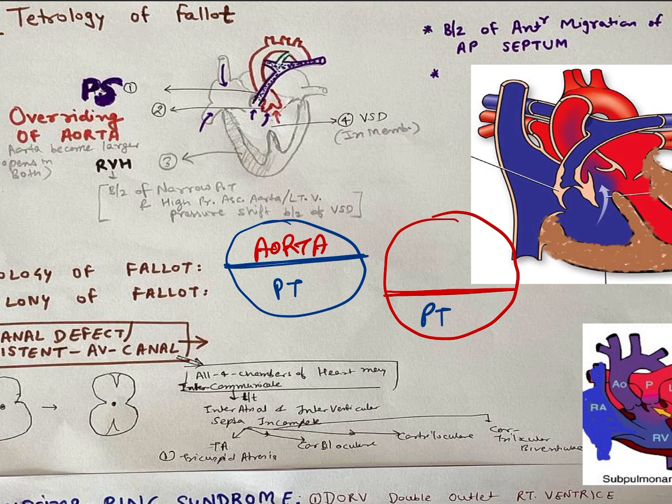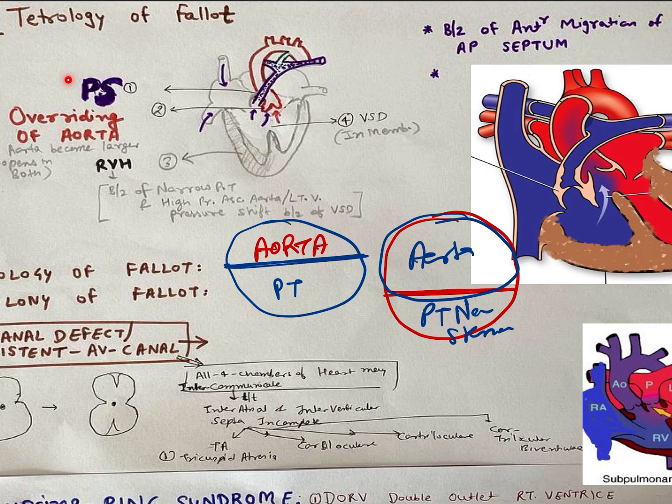This pulmonary trunk will narrow or be stenosed, while this aorta will open into the right ventricle as well as the left ventricle. Look here, this pulmonary trunk is stenosed and this aorta is opening into two. Usually it opens into the left ventricle, no problem, but because of this anterior migration of the septum, it is also opening into the right ventricular cavity. This pathology is known as tetralogy of Fallot because of anterior migration of the aorticopulmonary or spiral septum.